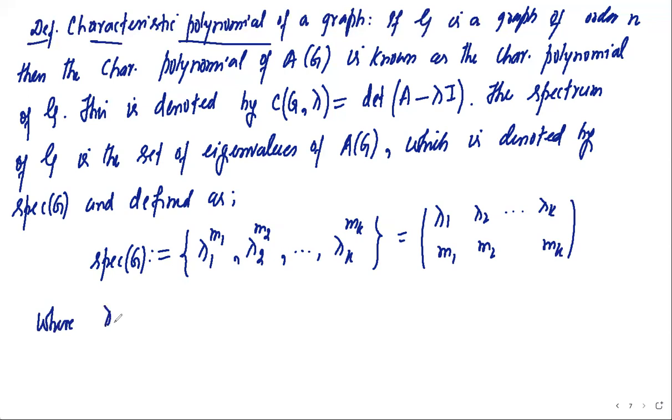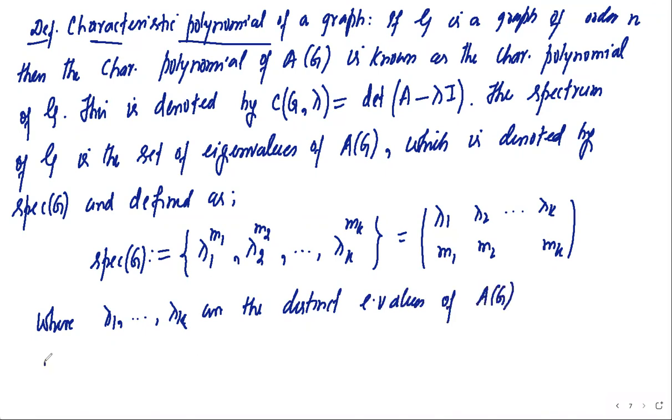where lambda 1 to lambda k are the distinct eigenvalues of A of G, and mi denotes the multiplicity of lambda i.